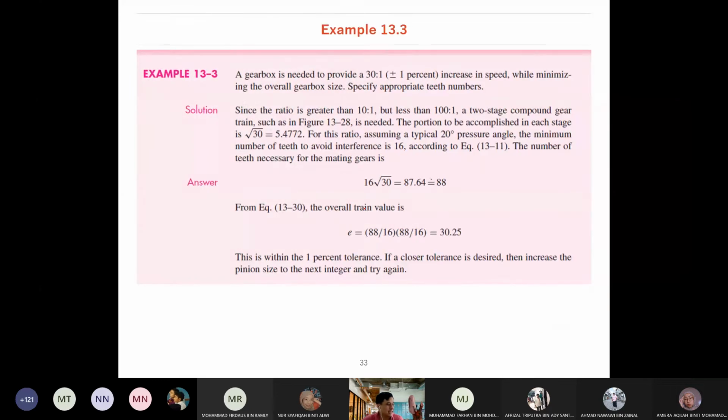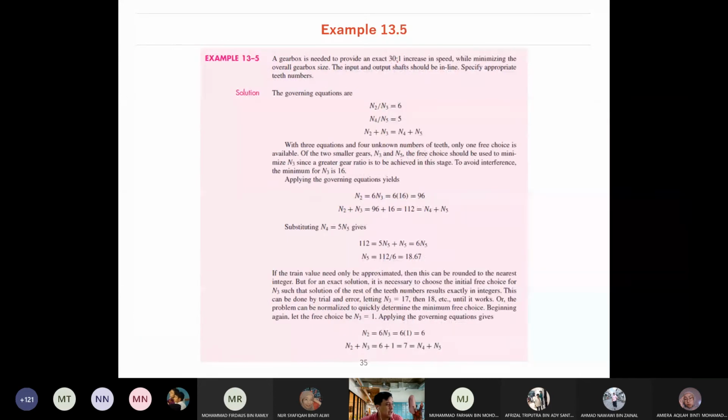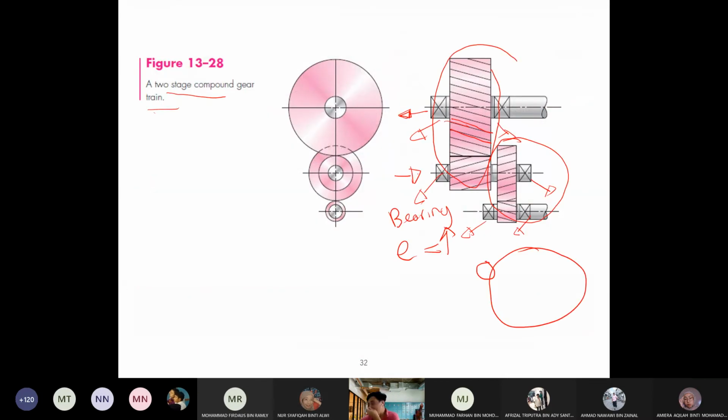I forgot the name of the gear. If you look at your textbook, it is called a compound reverted gear train, on Figure 13-29, page 693.